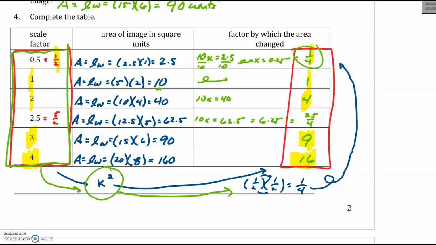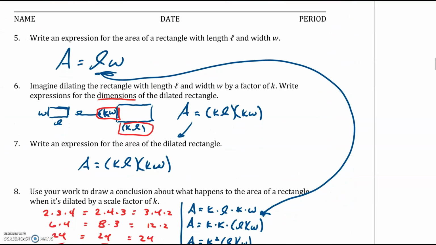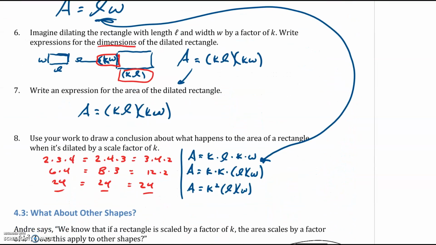So my scale factor starts at 2, for example. If my area started at 10, notice it was just 2 squared times 10 to get me to this 40. So that's why this algebra is working the way it's working.